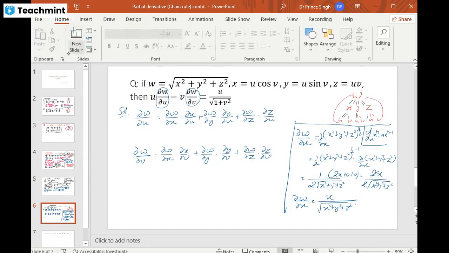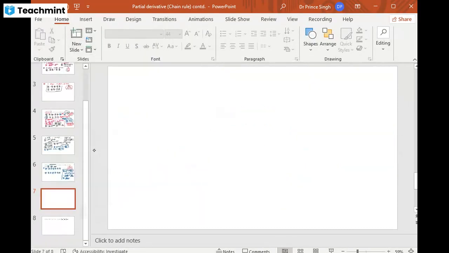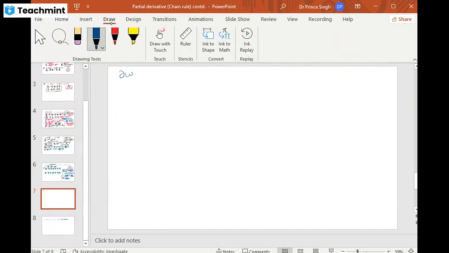Similarly, we can find out the derivative of w with respect to y and with respect to z. So what is the derivative of w with respect to y? This is equal to ∂/∂y of (x² + y² + z²)^(1/2). Firstly we use the power rule: 1/2 times (x² + y² + z²) to the power minus 1/2, into the derivative of x² + y² + z² with respect to y.